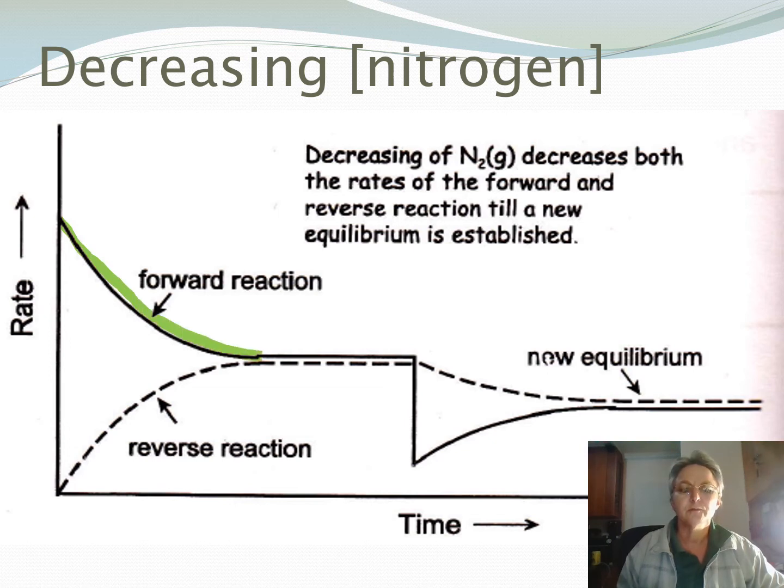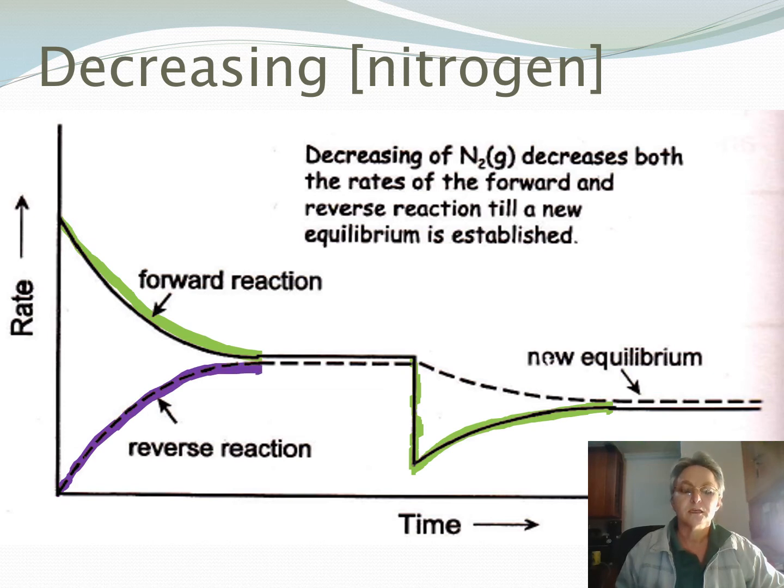Then if you take nitrogen out of the system, the rate of the forward reaction would drop drastically, and then it will increase in order to get to the new equilibrium. What will happen to the rate of the reverse reaction? It will increase.